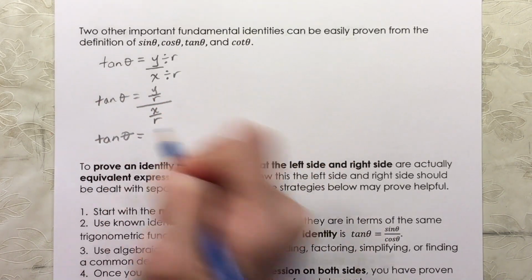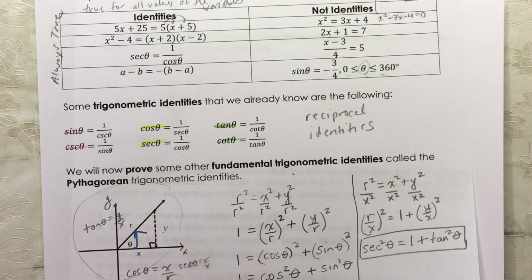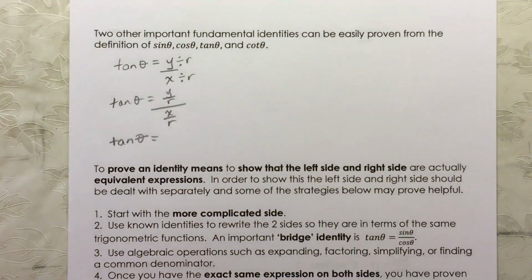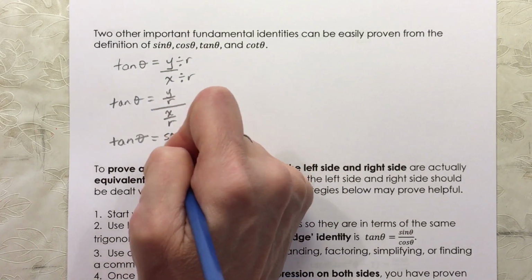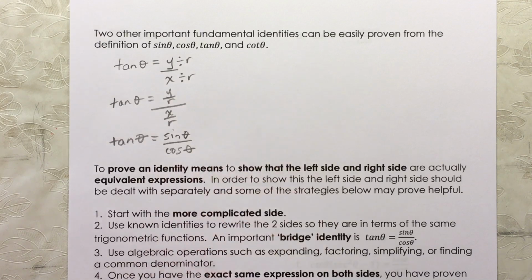But then we know from last week and from our diagram here that y over r is the sine of theta and x over r is the cos of theta. So we can rewrite y over r as the sine of theta and x over r as the cos of theta.